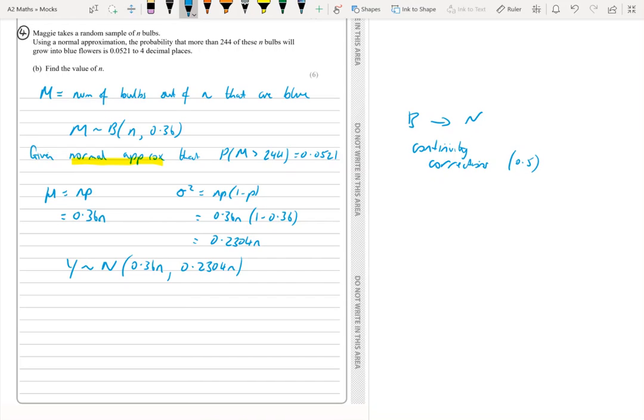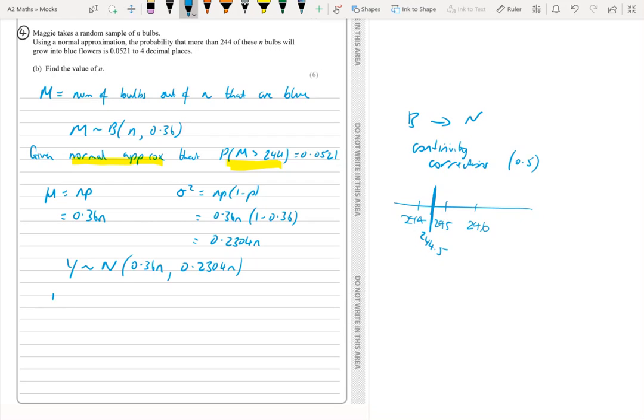Now we had the probability that M is greater than 244. So my way of thinking about that is a little number line, 244, 245, 246. We want values that are greater than 244, so we want to cut the number line here at 244.5.